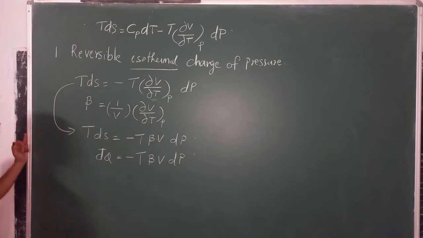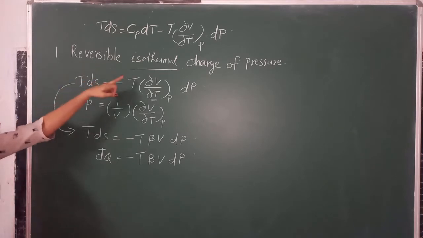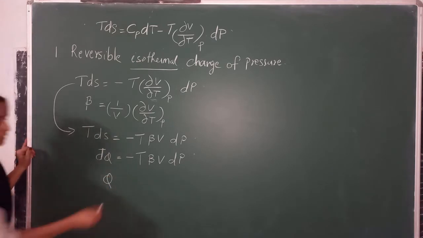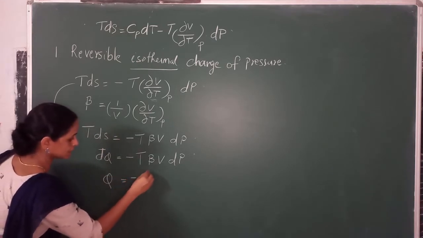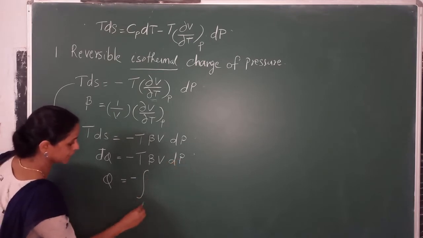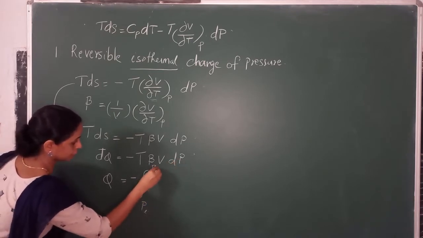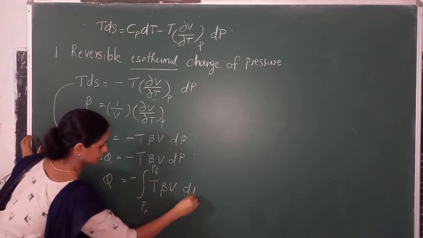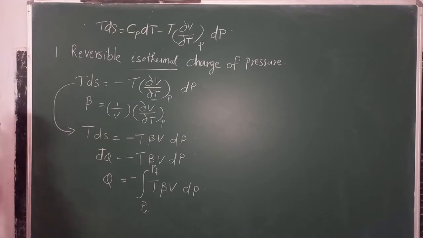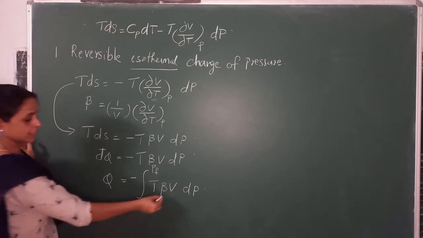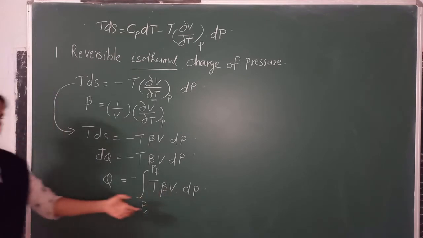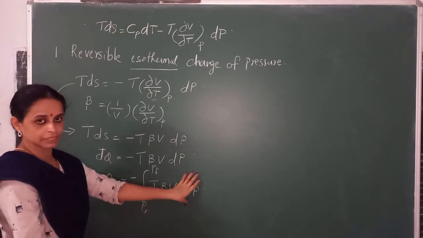So the total heat transfer during a reversible isothermal process, that is Q, we have to integrate it, equal to minus integral from some Pi to Pf of T beta V into dP. You can see that V and beta here, it is a change of pressure.